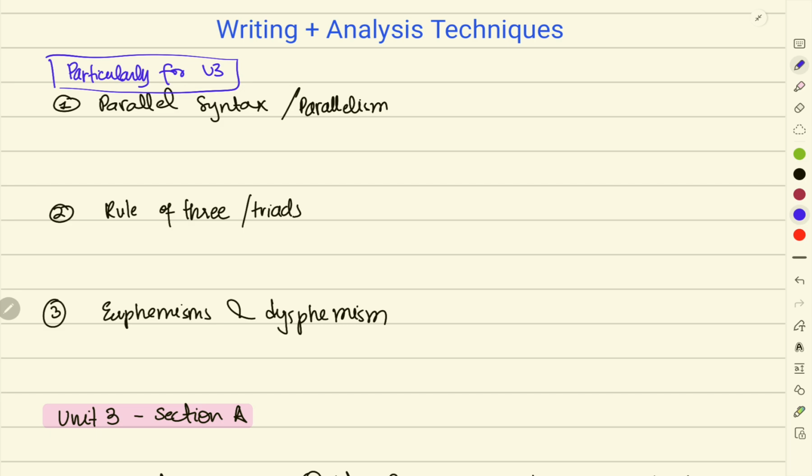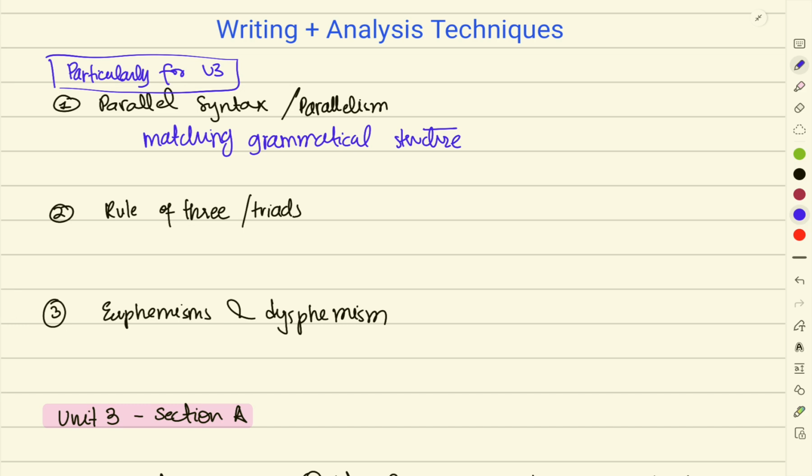So when we talk about parallel syntax, we're talking about matching grammatical structure, basically. It's a technique that writers use to create rhythm or flow or clarity in the text. You use repeatedly the same grammatical structure, stating the same idea using the same grammatical structure.